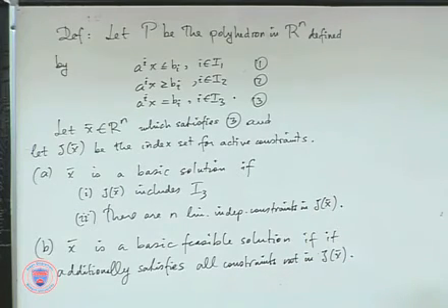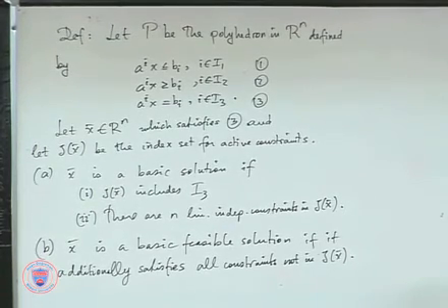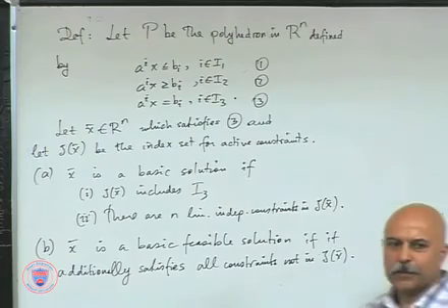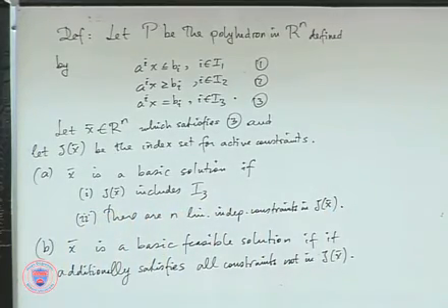This definition is quite different from what you might have seen in undergraduate or perhaps elsewhere. Because in undergraduate education, we typically define basic solutions relative to standard form constraints.